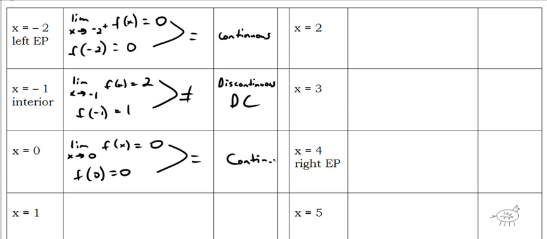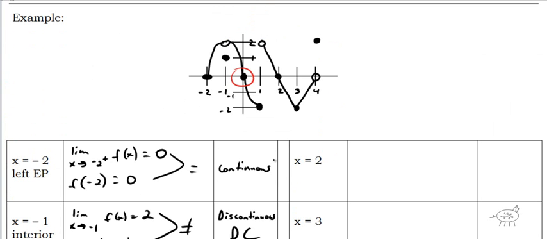Pretty easy. Let's look at x equals 1. So x equals 1 is basically right here. And what can you tell me about the two-sided limit? You should tell me the two-sided limit doesn't exist, because coming from the right side and coming from the left side, they're different values. One is positive 2, one's negative 2.